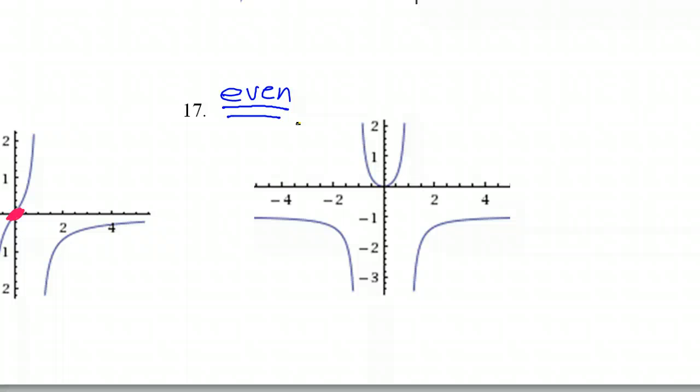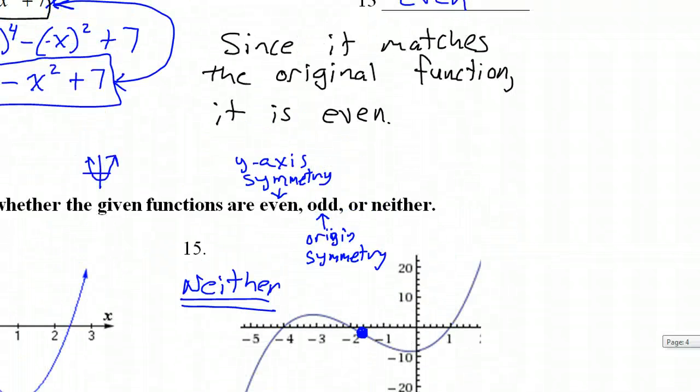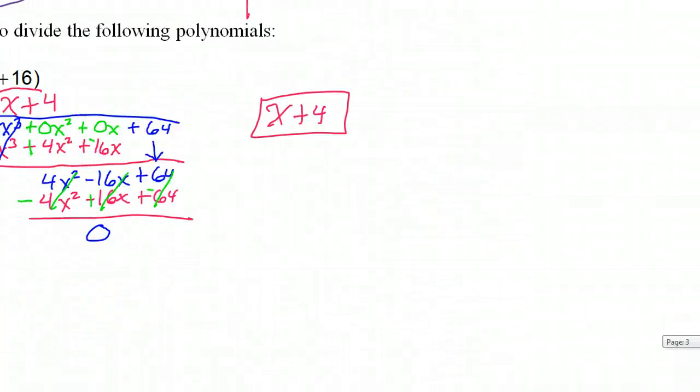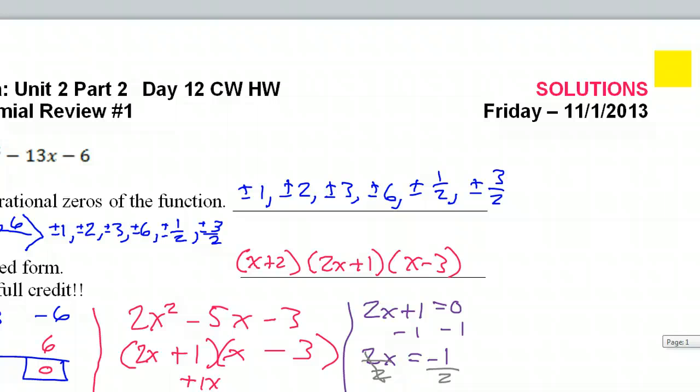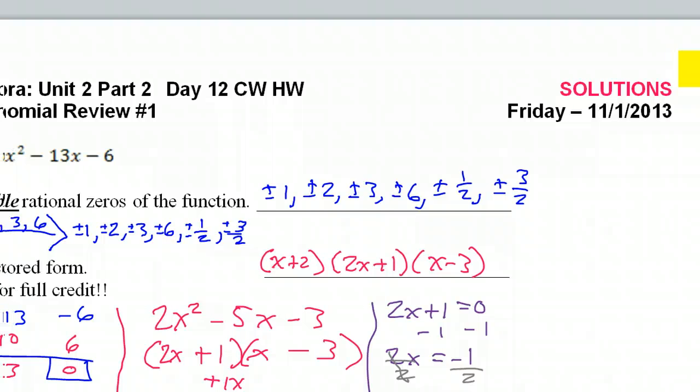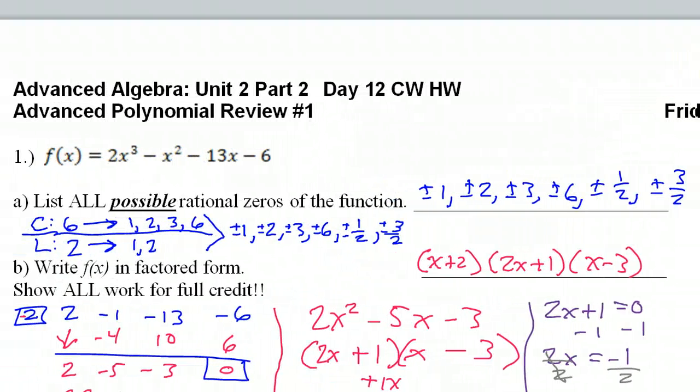Okay, so that is a nice little snapshot of what we have learned in this unit. If you know every single thing that I just covered in this review, you will at least pass. Maybe more. This is a pretty good start.